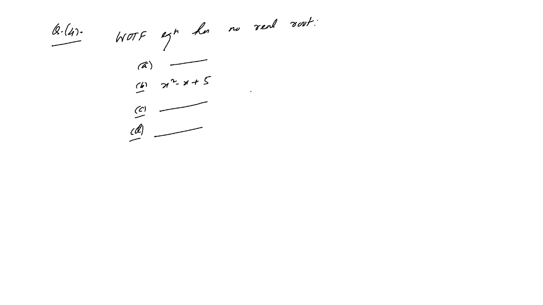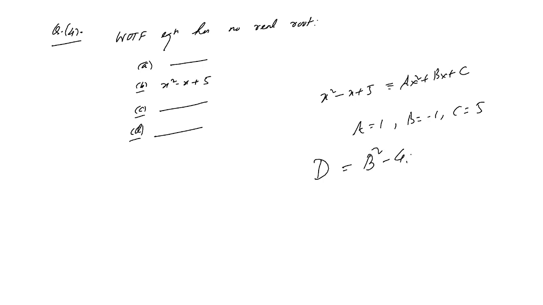So if we see option B, x square minus x plus 5, compare it with ax square plus bx plus c. Here a will be 1, b equals minus 1, and c equals 5. Now calculate the discriminant, b square minus 4ac. That means (minus 1) whole square minus 4 into 1 into 5, so this value will be minus 19.